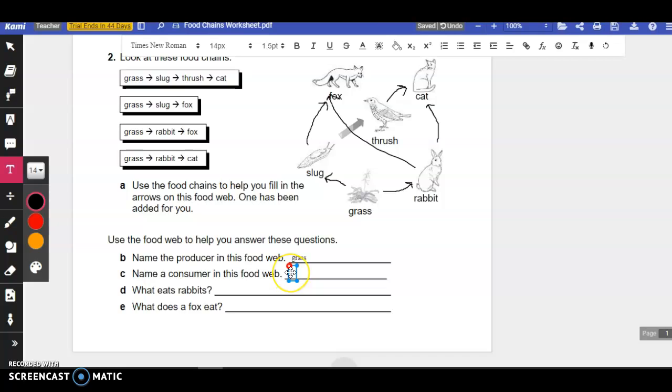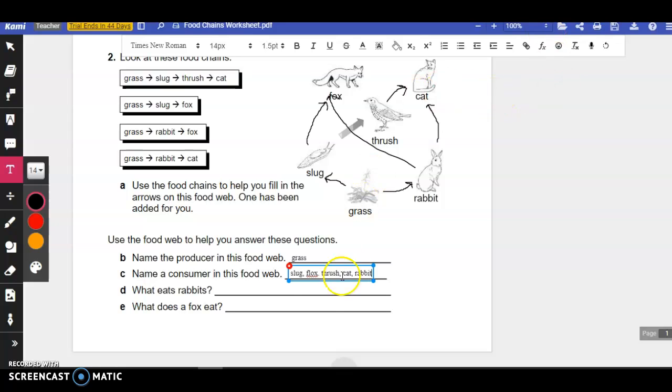Question number C. Name a consumer in this food web. So it says any consumer. It's not specifically mentioning if it's a primary or a secondary. So anything that eats is a consumer. It can be a slug, it can be a thrush, it can be a fox, anything. So I'm just going to go ahead and write slug, but you can also write fox or thrush or cat or rabbit.